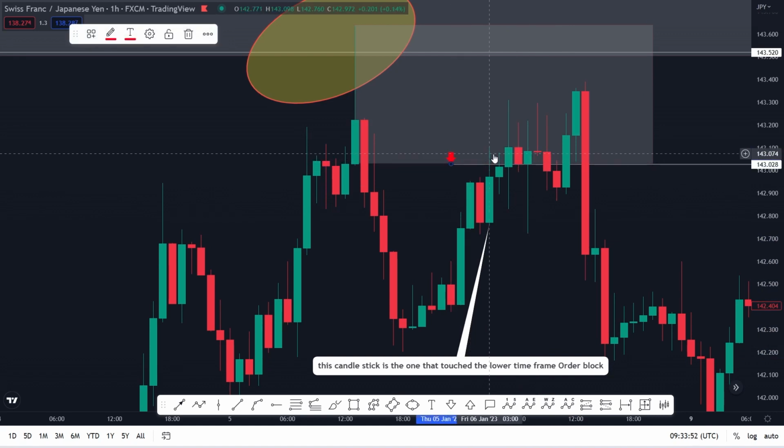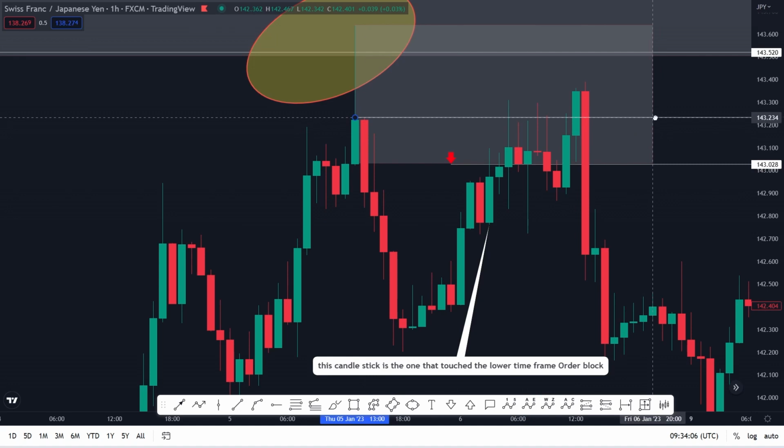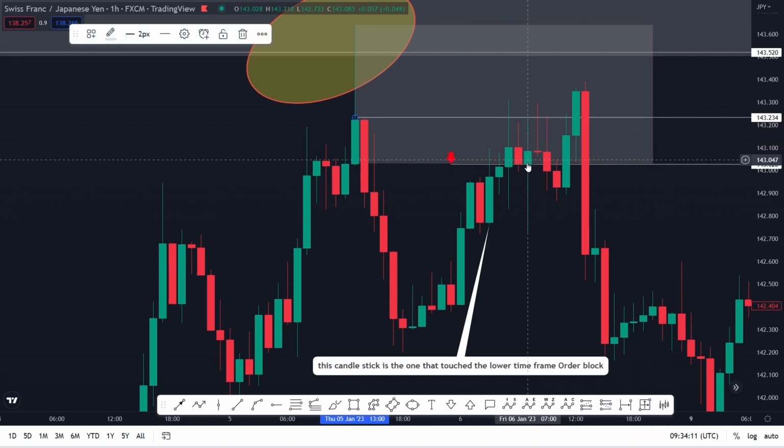I won't be, because I will be waiting for the market to close with a bearish candle like this. Because I am greedy, I will put my sell limit order around here, or even here on the high, as I said in the previous example. And we can see that when this candle closes, my sell limit order would be here.